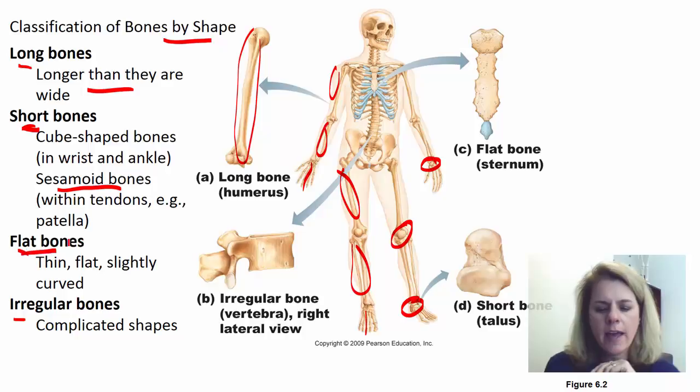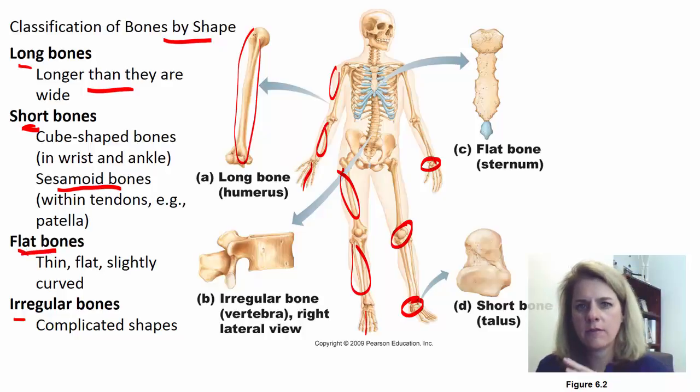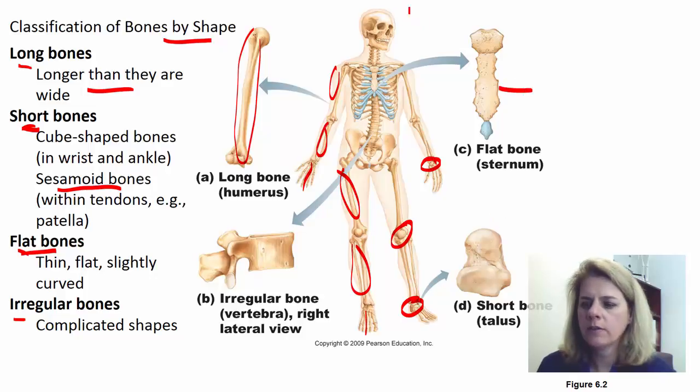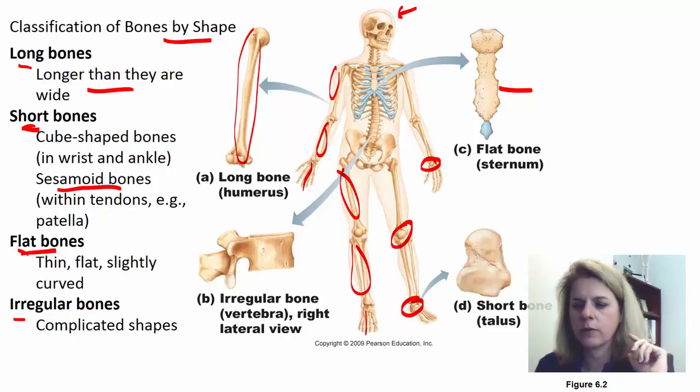You have flat bones that are thin, flat, and slightly curved. An example of a flat bone would be your sternum, or breastbone, and also the bones that surround your brain in your skull, your cranial cavity bones, like your occipital bone, parietal bone, and frontal bone, those bones that form your cranium. You'll learn about that in your lab as well.